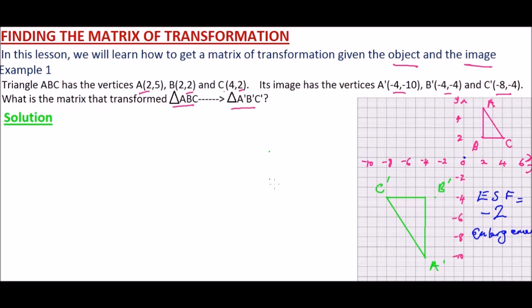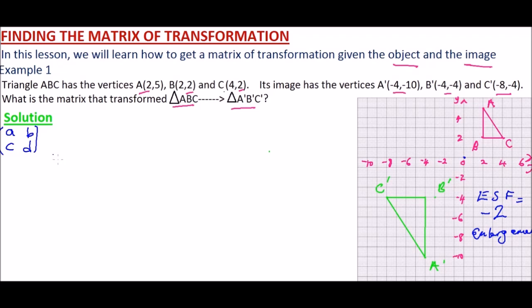From there, for us to be able to get the matrix that was used to transform this, we are going to say that let our matrix be A, B, C, and D. Then if we are able to get A, B, C, and D, we will be able to get the matrix of transformation.